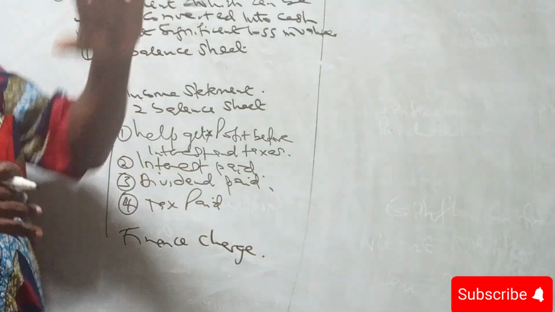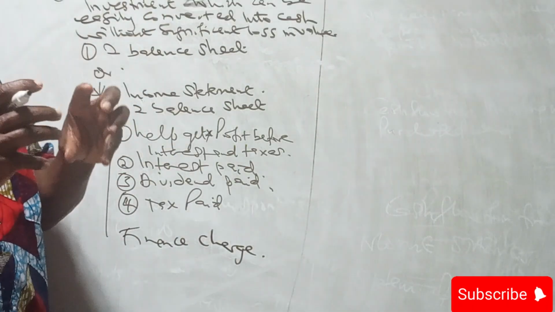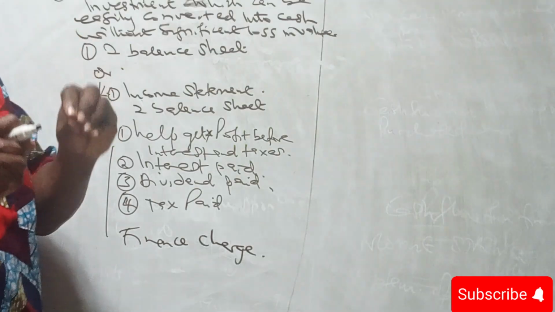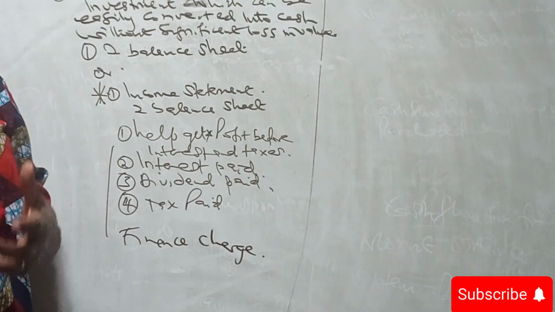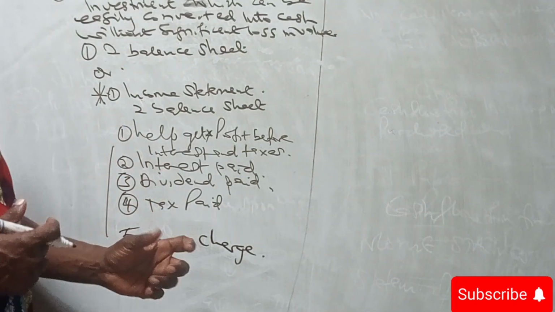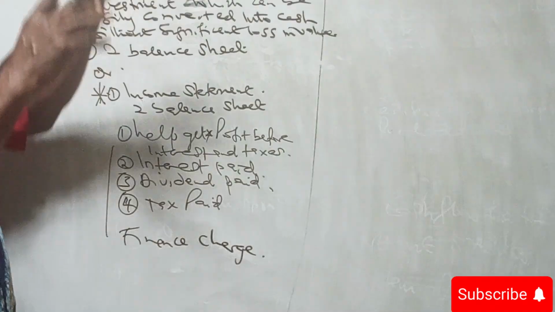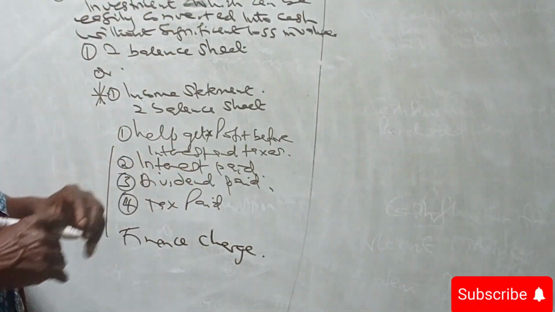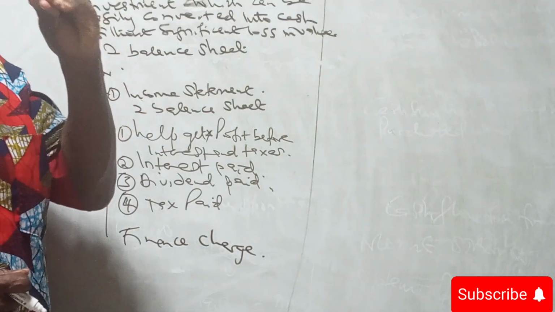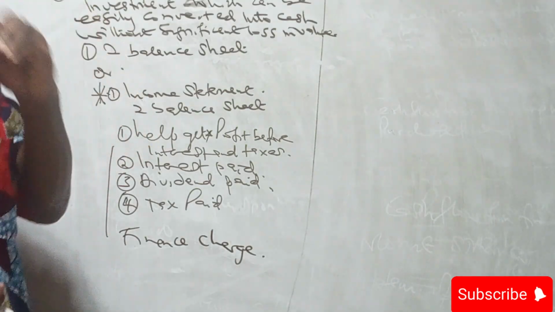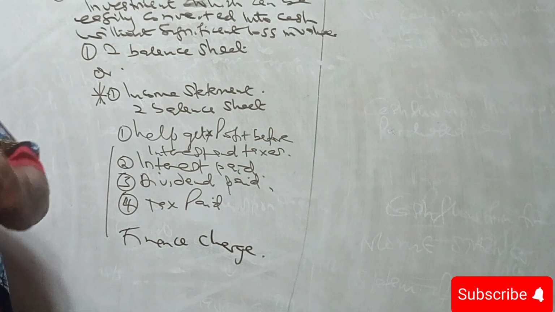And you know in the income statement, we capture the interest expense charged: what was incurred, not necessarily what we paid. When you find dividend as an expense in the income statement, it is what was declared, what was incurred, not necessarily what was paid.